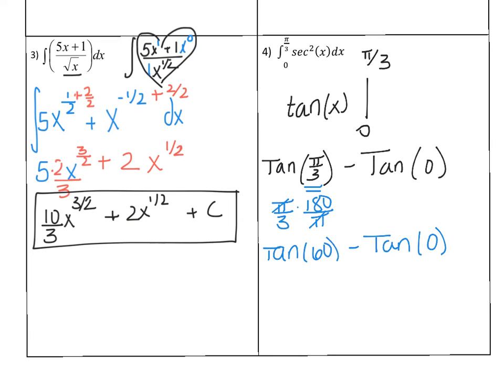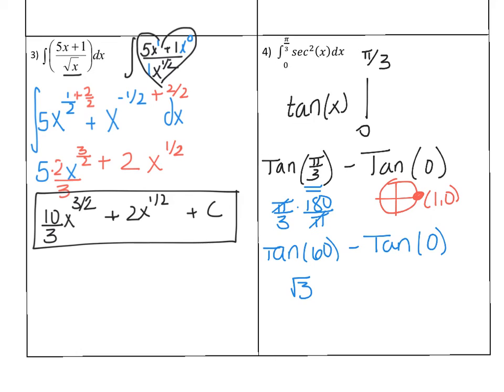So to find tangent of 60, you actually have to use your exact value charts, which if you take a look, we've done those numerous times, take a look back in your notes, you'll see that it's radical 3. Now, tangent of 0 is a little bit harder. To find tangent of 0, you really need to know the unit circle. So I'm just going to draw a quick unit circle, and 0 degrees is right over here, and that's the point 1, 0.